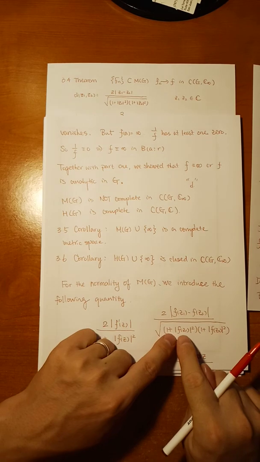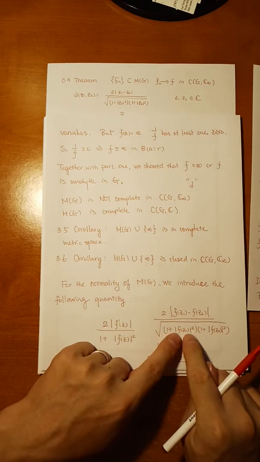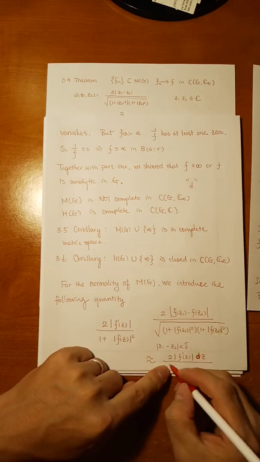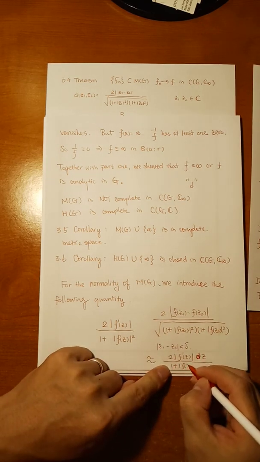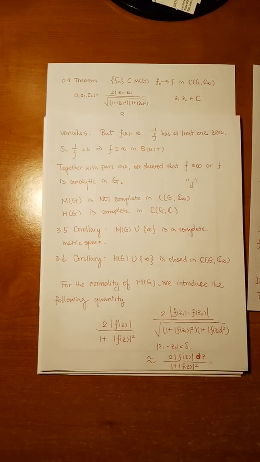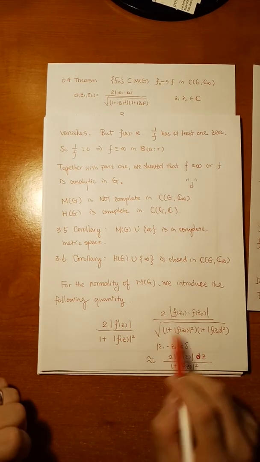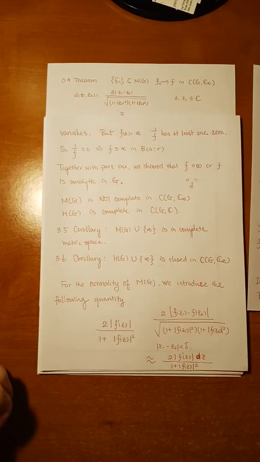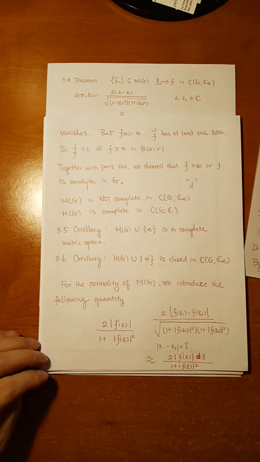Then you have 1 plus absolute value of f of z squared, and taking the square root is 1 plus absolute value f of z. So you see, that's exactly the same. So these two quantities are related.